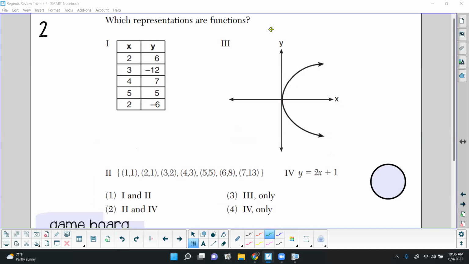Little vocab review. Which representations are functions? All right, got some answers coming in. Everyone who has chatted me so far is correct. Good job. Hopefully you remember what you're looking for.